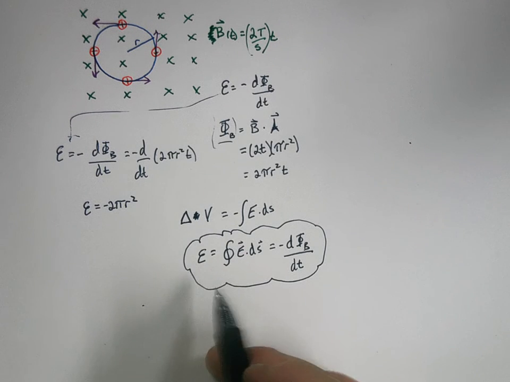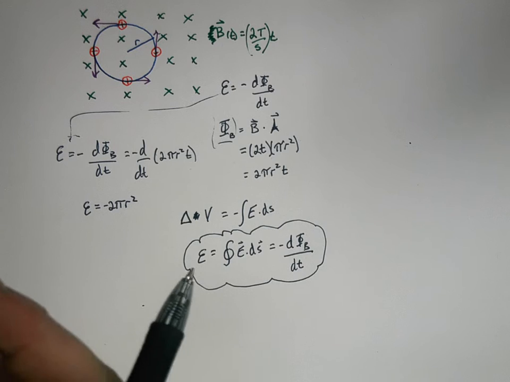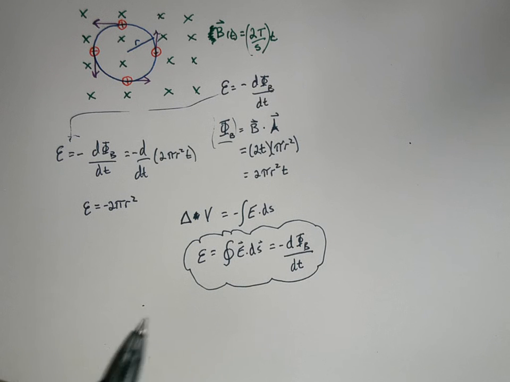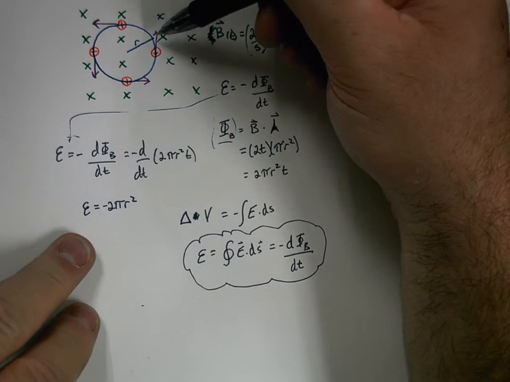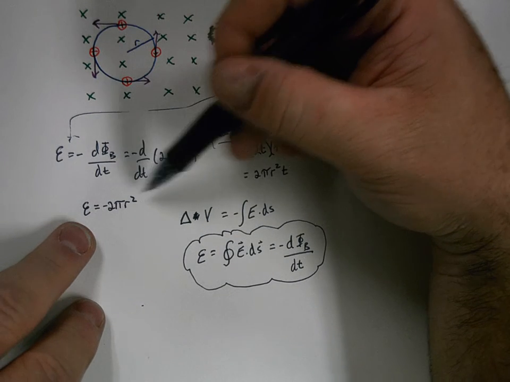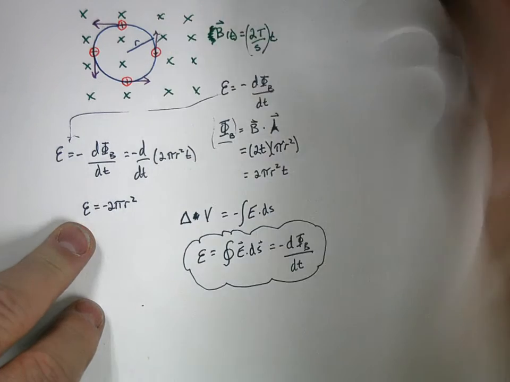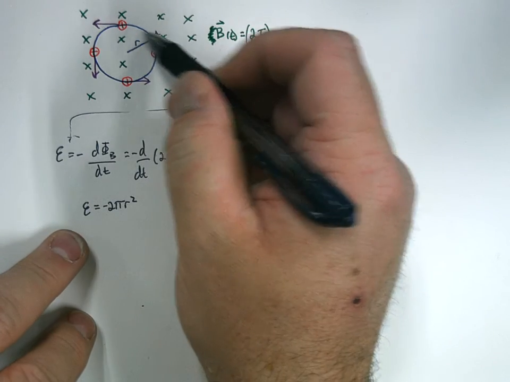Why did you need a formula for E if you didn't use it? Why does the EMF have to be negative 2 pi r squared if it's not in that law? Just for fun. Let's try, I didn't work it out. What is the ds going to be right here?